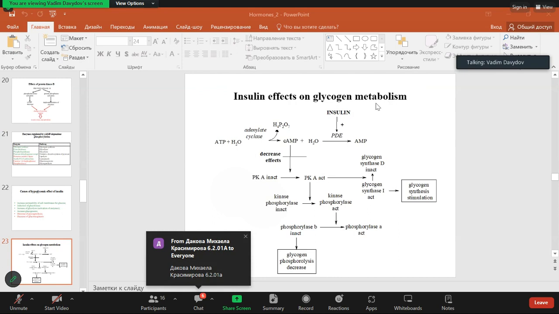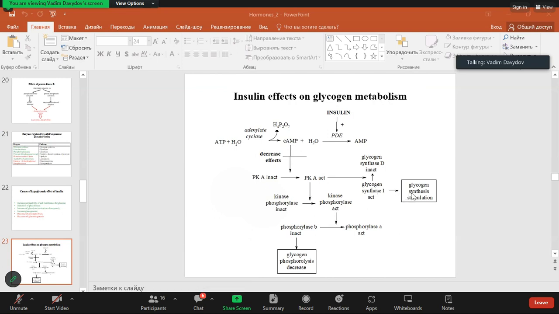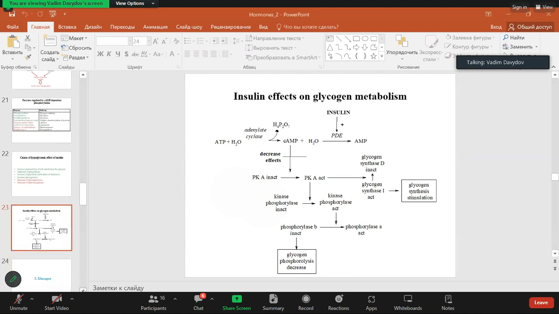In situations of increased secretion of insulin, there is activation of glycogen synthesis, an increased rate of glycogen synthesis via activation of glycogen synthase D to glycogen synthase A. And insulin simultaneously leads to transformation of phosphorylase A into phosphorylase B, so increased biosynthesis of glycogen is simultaneously accompanied by a decreased process of glycogenolysis.